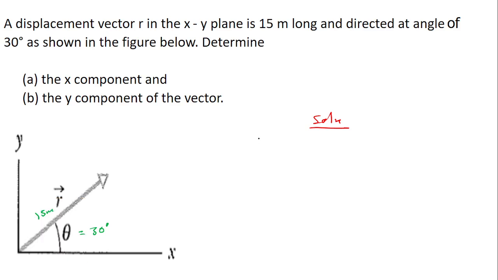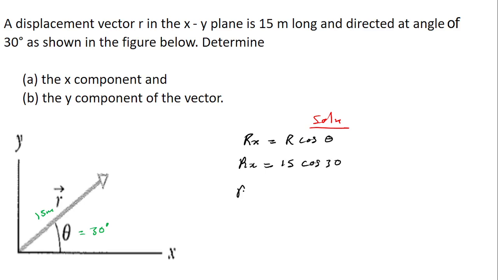So the vector is r. We are not going to use a, we're going to use r as our reference. So the x component, rx is equal to r cos theta, which is 15 meters cos 30.